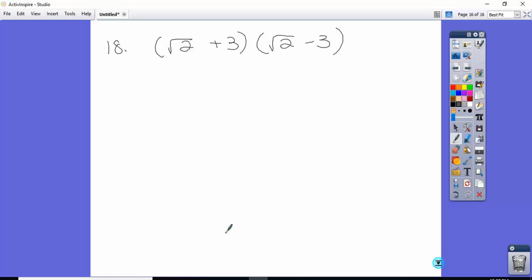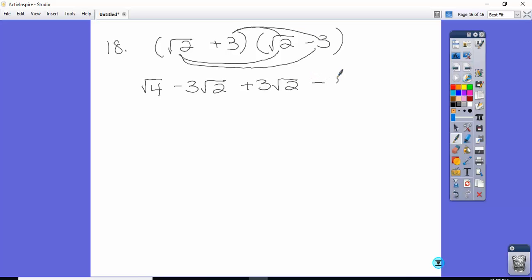So first, we have radical 2 times radical 2. So when I do that, I get the square root of 4. Radical 2 times negative 3 is just negative 3 radical 2. 3 times radical 2 is 3 radical 2.